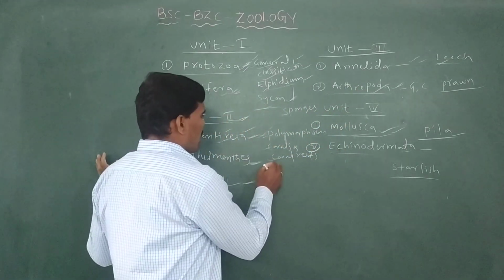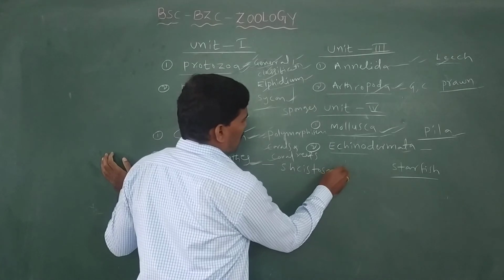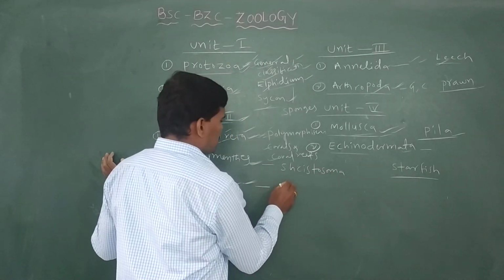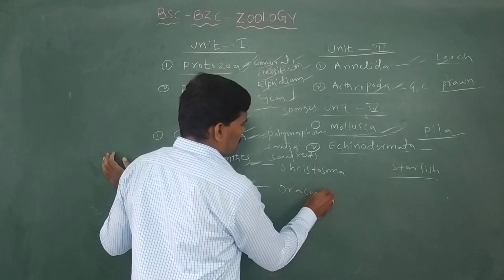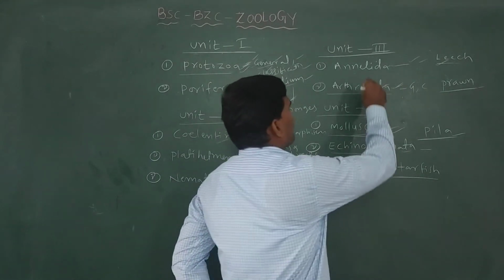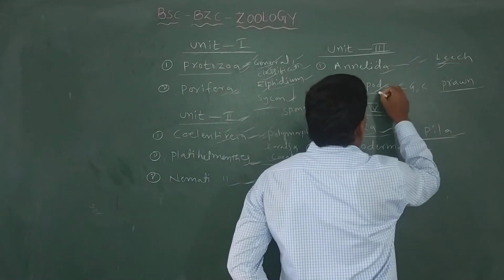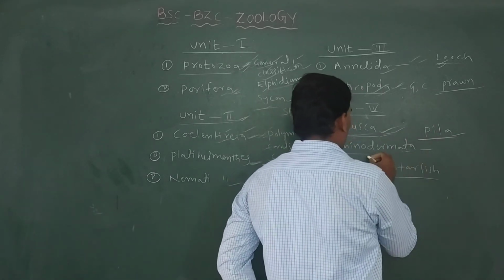So the Platyhelminthes type study is Schistosoma. The Nematohelminthes type study is Dracunculus, and the Annelida type study is leech. Arthropoda type study, prawn. Mollusca type study, Pila.